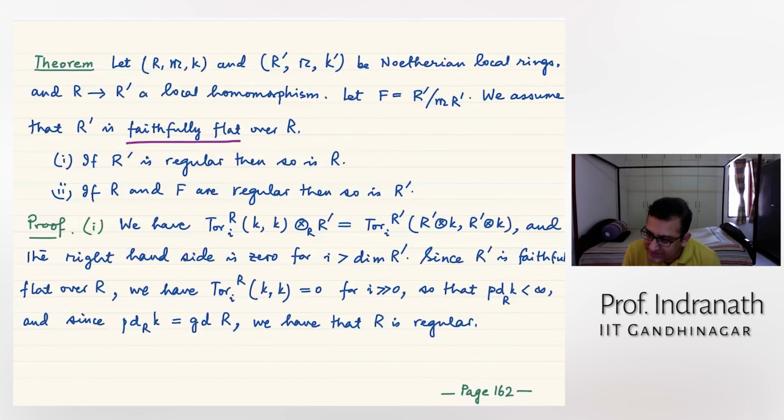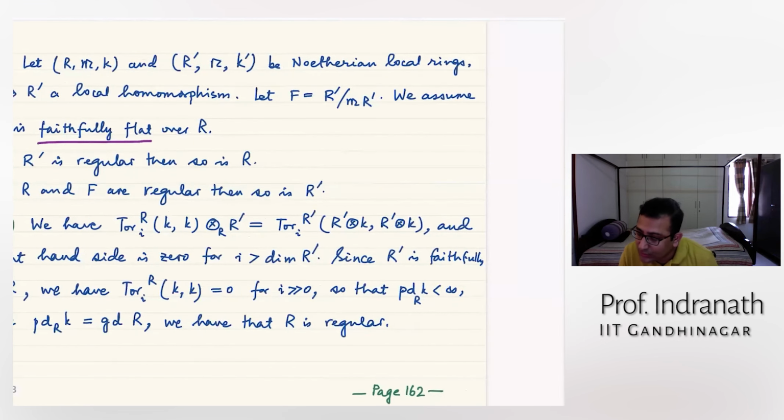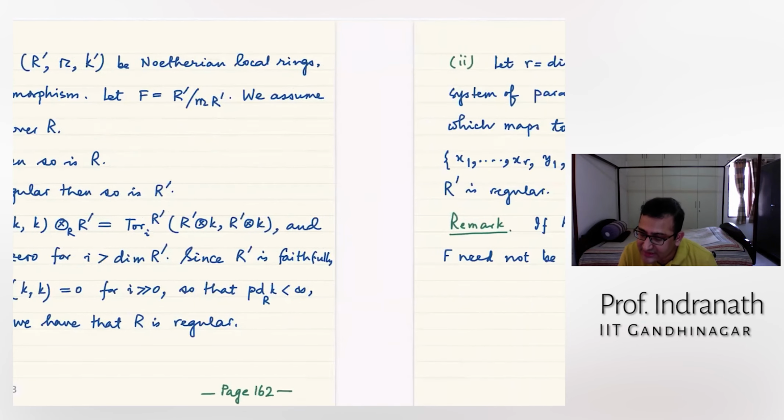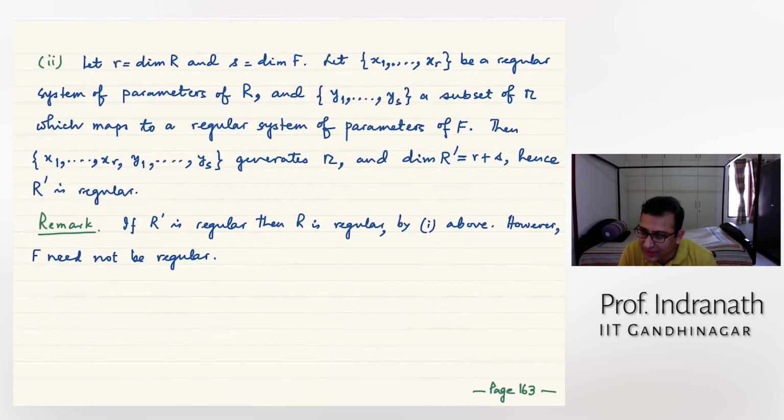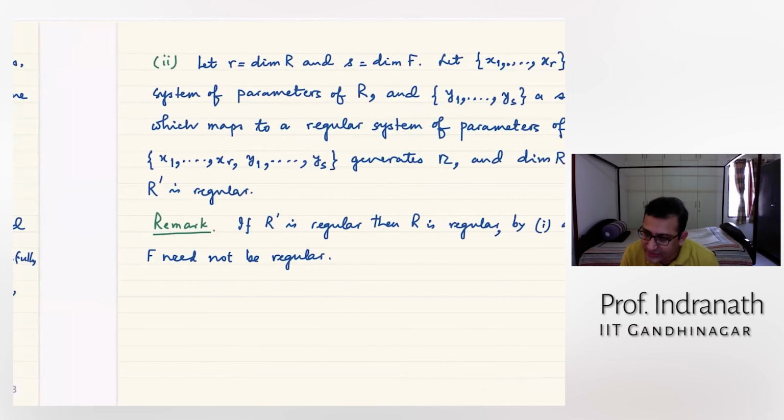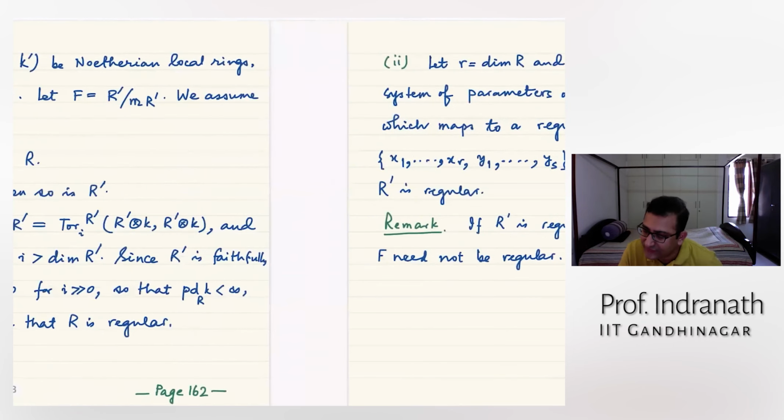So my question is, how exactly can I say that I just take the system of parameters for R and the elements of N which give rise to a regular system of parameters for F, and then you can understand this is your F, right? This is your F. Okay.